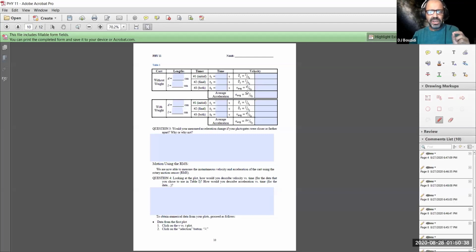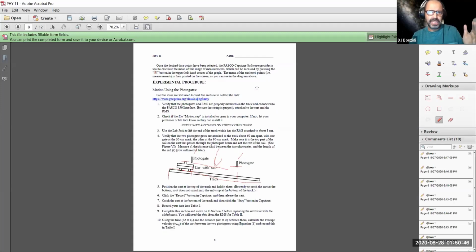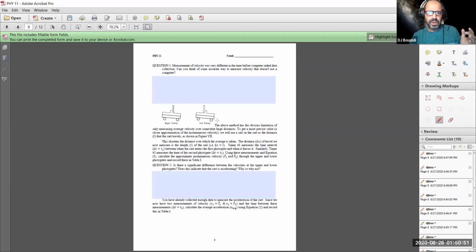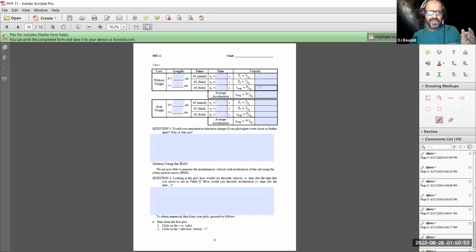The average velocity would be just this distance, which is 60 centimeters, divided by T3, the time that elapsed between them. This is the average speed of the two, okay? That's the V average. And then the acceleration is the difference between these two velocities divided by T3, okay?